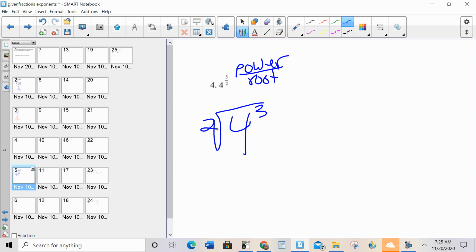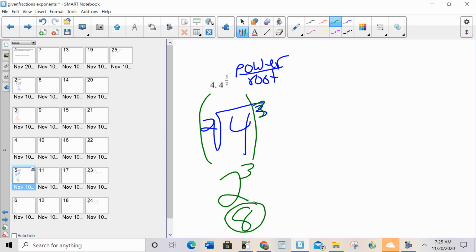So I always start with the root. You could do the power first and then the root. I find it easier to do the root first. You deal with smaller numbers. The square root of 4 is 2. I'm taking that answer and I'm raising it to the third power. 2 to the third power is 8.